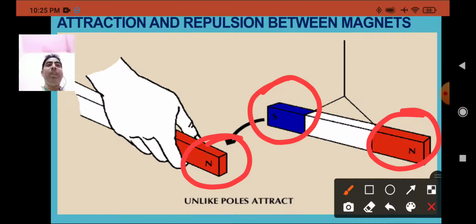Similarly, if we bring the north pole of the handheld magnet near the south pole, it attracts, which means the north pole of one magnet attracts the south pole of another magnet.